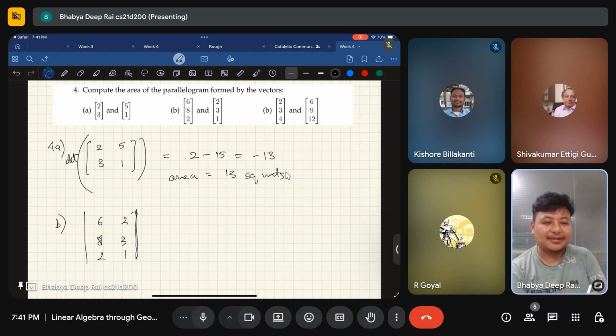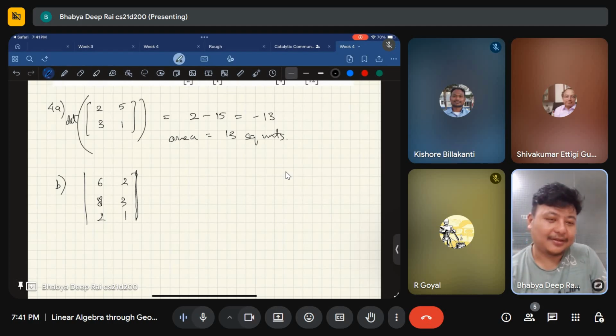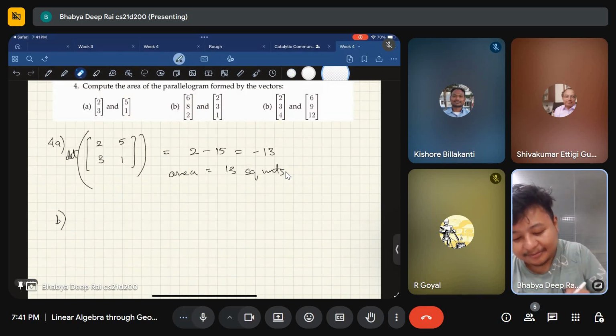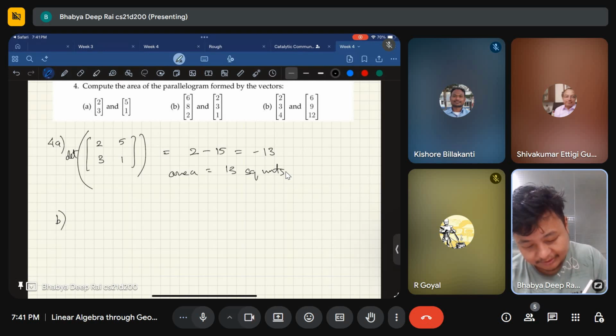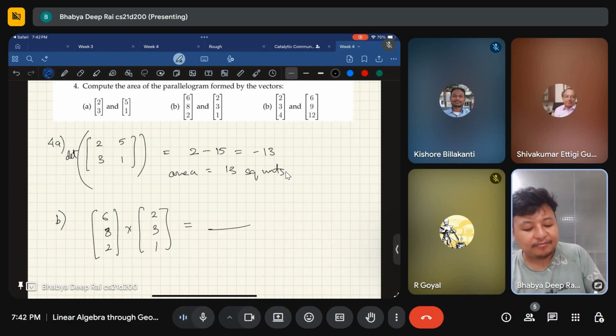The cross product will anyway represent the area of the parallelogram, along with the direction. So all we need to do is 6, 8, 2 cross 2, 3, 1, and then use the formula, and we'll get some answer. This I think you can practice, but let's move on to some other more interesting questions.